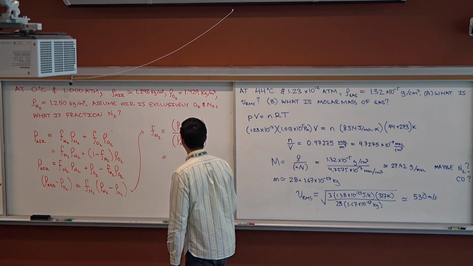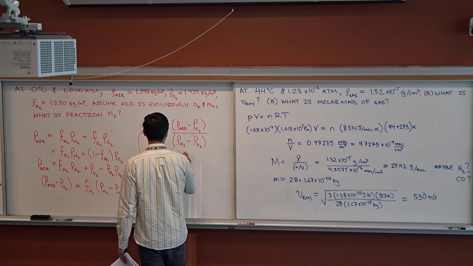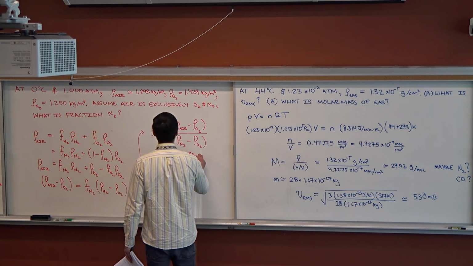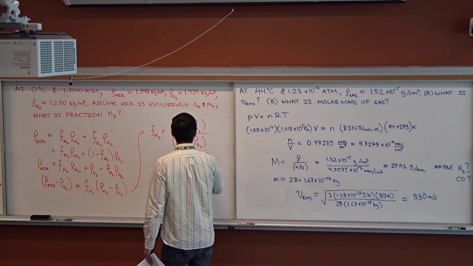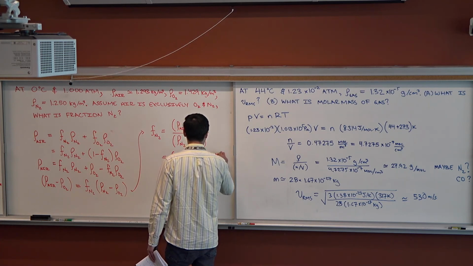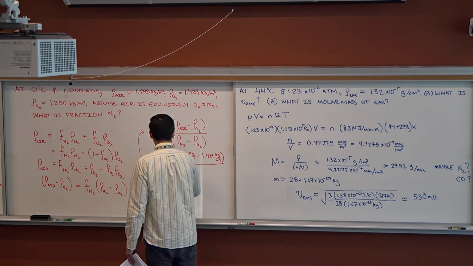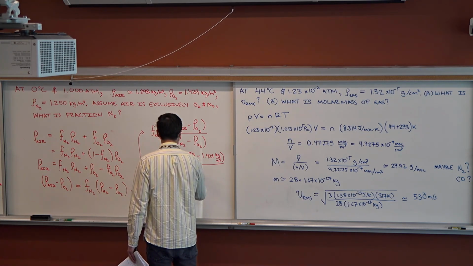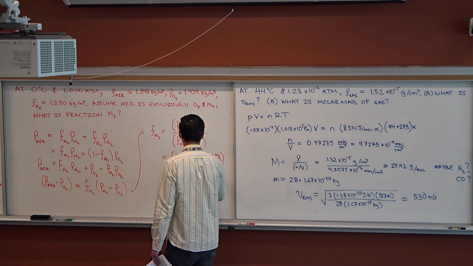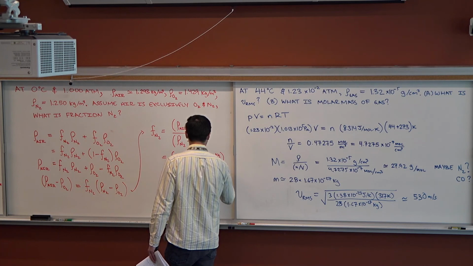So plugging in values, 1.293 kilograms per cubic meter minus 1.429 kilograms per cubic meter over 1.250 kilograms per cubic meter minus 1.429 kilograms per cubic meter.